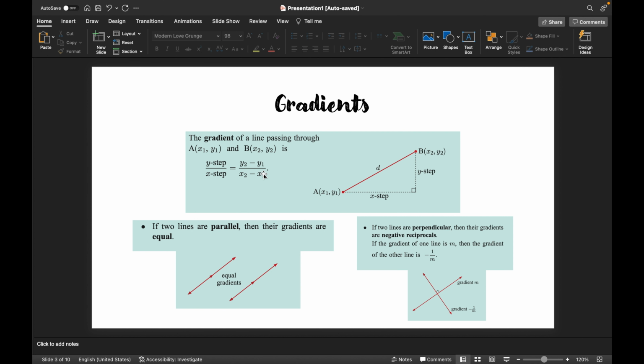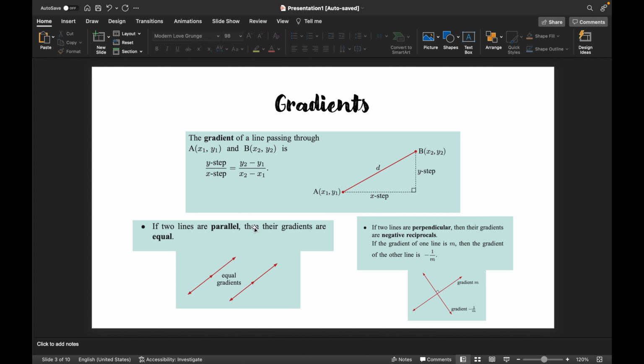And make sure you don't write y2 minus y1 divided by x1 minus x2, because that will mean something completely different. Make sure that these two are the same and these two are the same, of the same point, I mean. Okay, so now that's clear.